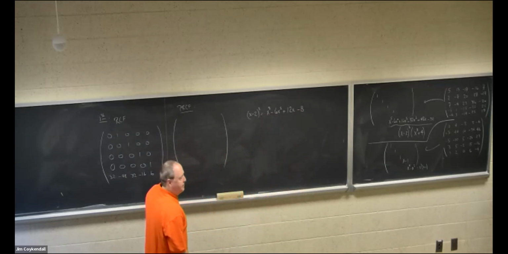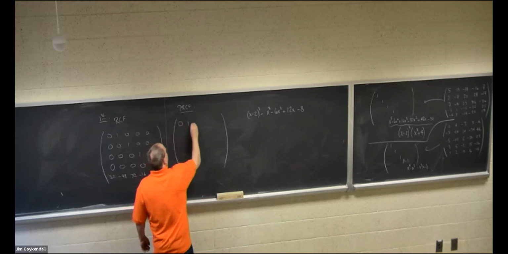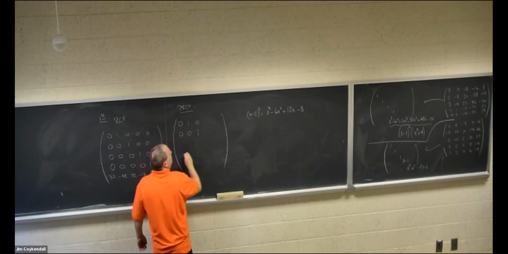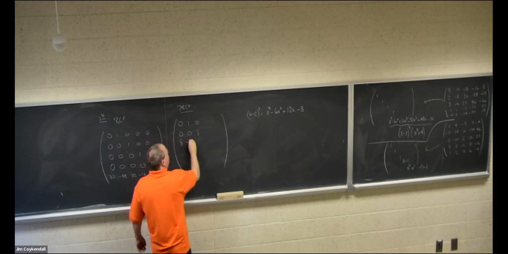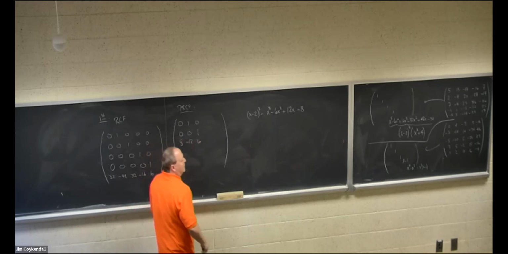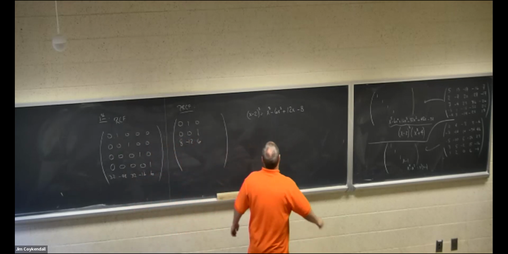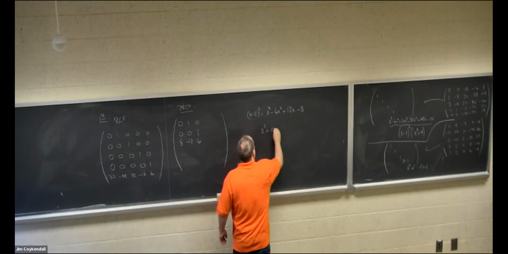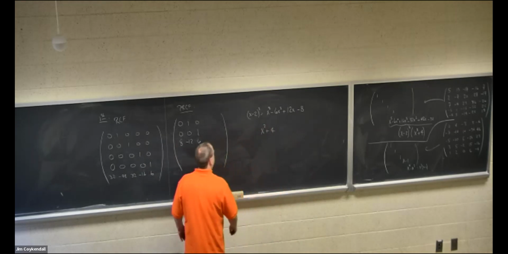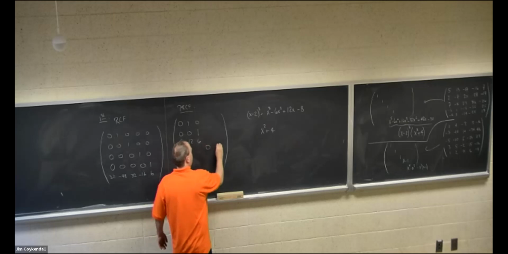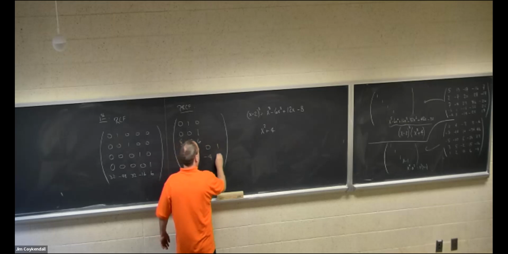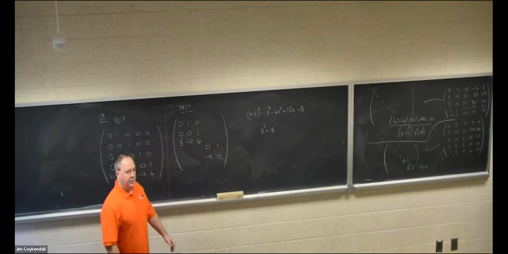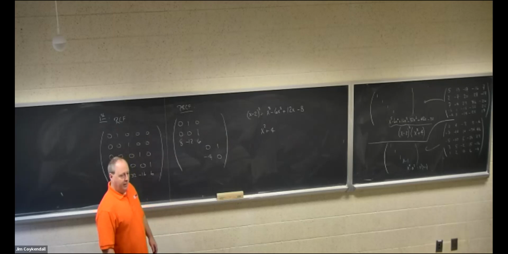I did that right. And so 8, minus 12, 6. And then I'm going to get the x squared plus 4. That's the other elementary divisor. It's the different prime. There's primary rational canonical.